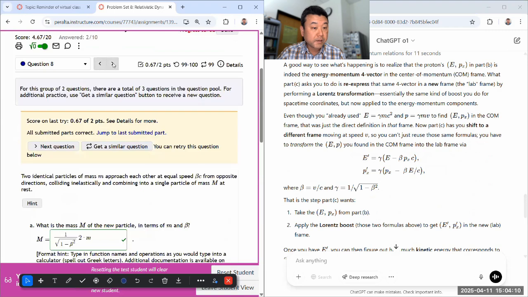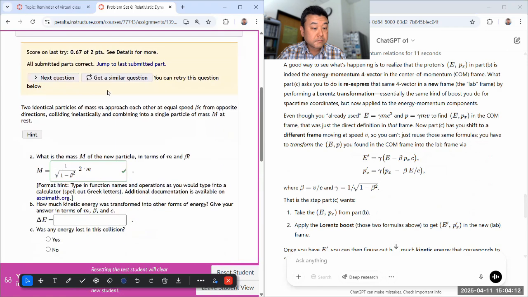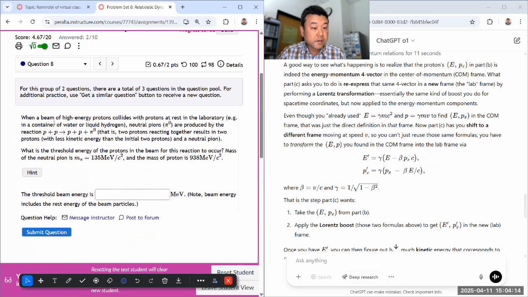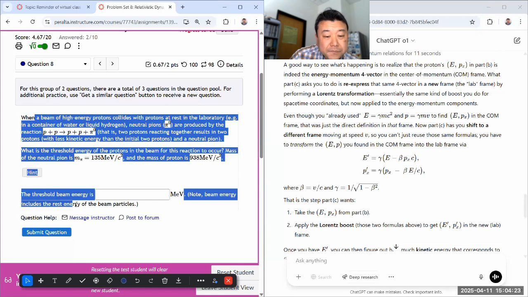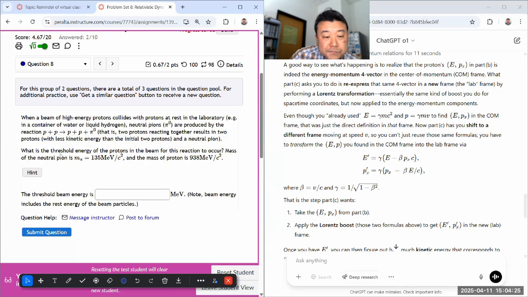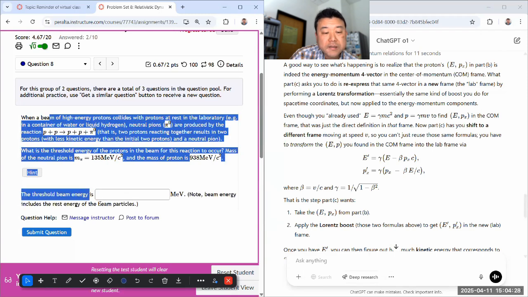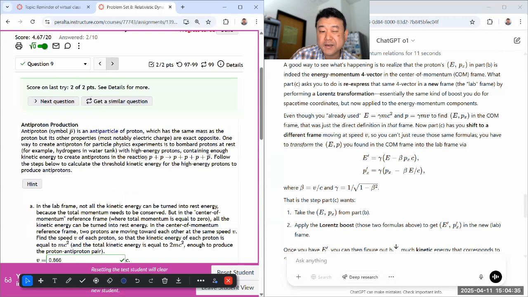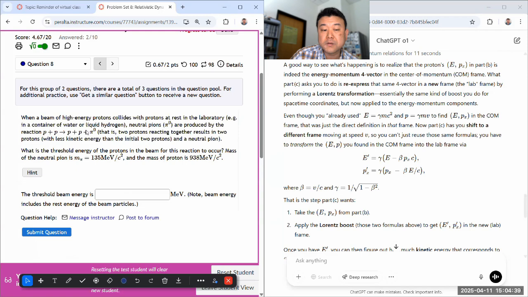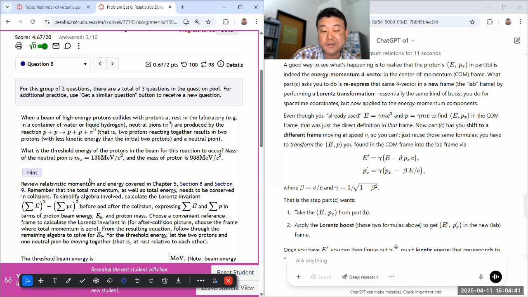So let me try to get a similar question here. So this question, I think I would probably do it using the Lorentz invariant, but you could do this using the same method as this, because it's basically the same physical process, where the mass of the particle produced is just a little lighter.